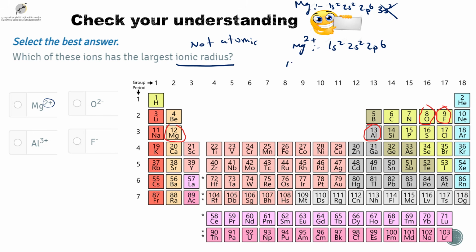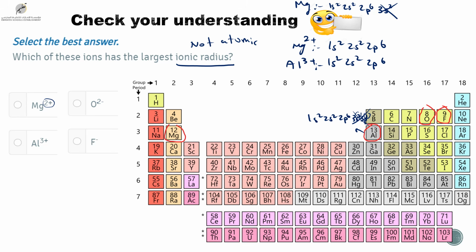Okay guys? Al positive 3, this is the electron notation for Al, okay? 2p6, 3s2, 3p1. Do you see these 3 electrons? They are removed. That's why the charge is positive 3. So the electron notation is 1s2, 2s2, 2p6.